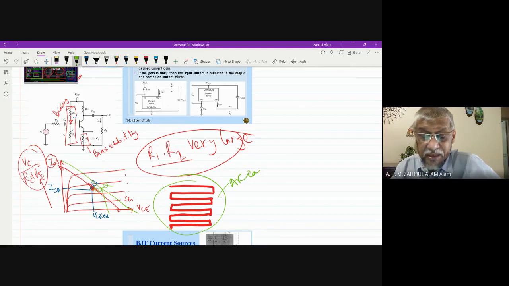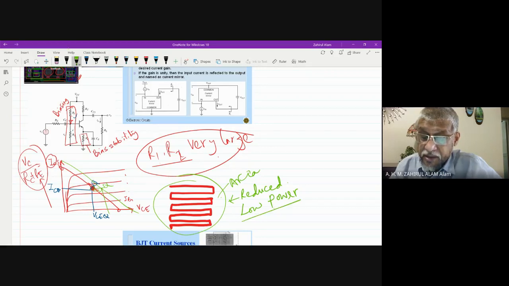But our target as integrated circuit designers is to reduce the area, and also to reduce the power. We need these two requirements: low power and less area.